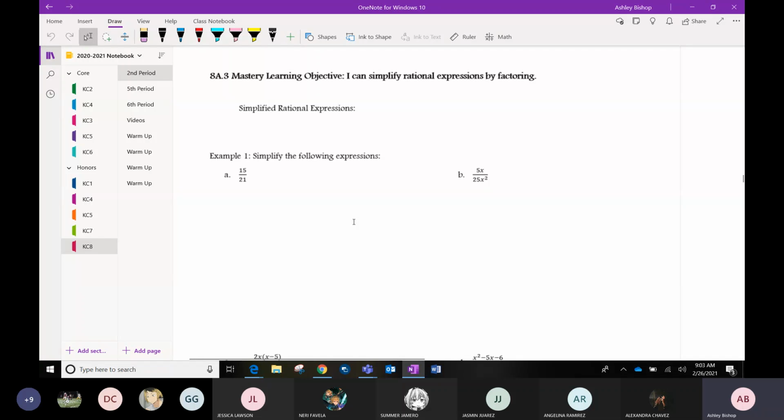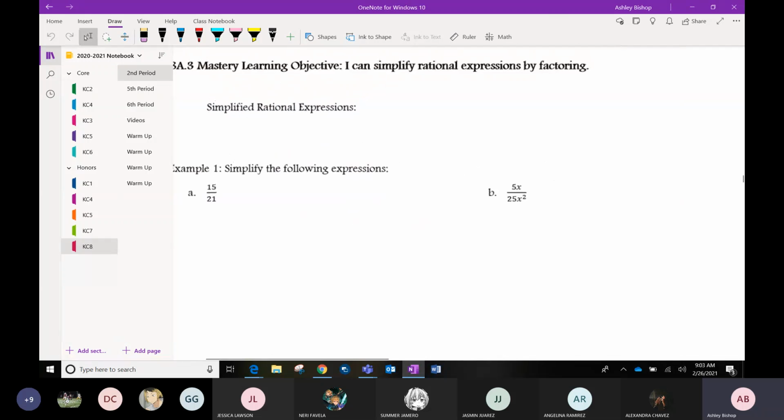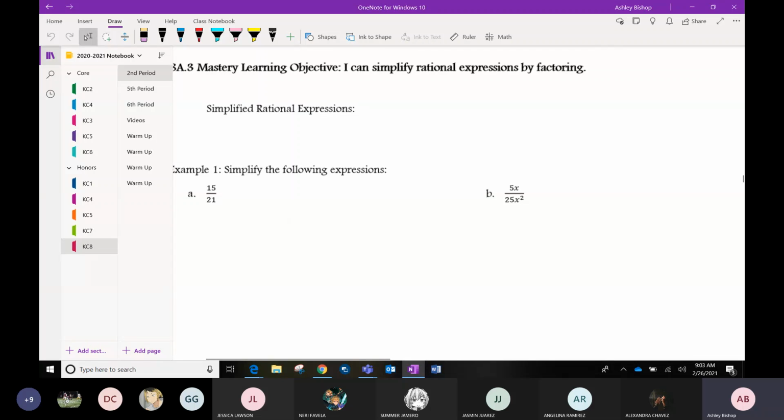And so we are going to be simplifying rational expressions, which we have already done in this class. But first, let me just define it for you, and then we're just going to do a whole bunch of examples. But simplifying rational expressions is when an expression has no common factors in the numerator or the denominator. So let's just write that down, and then I will tell you what that means in more familiar terms.